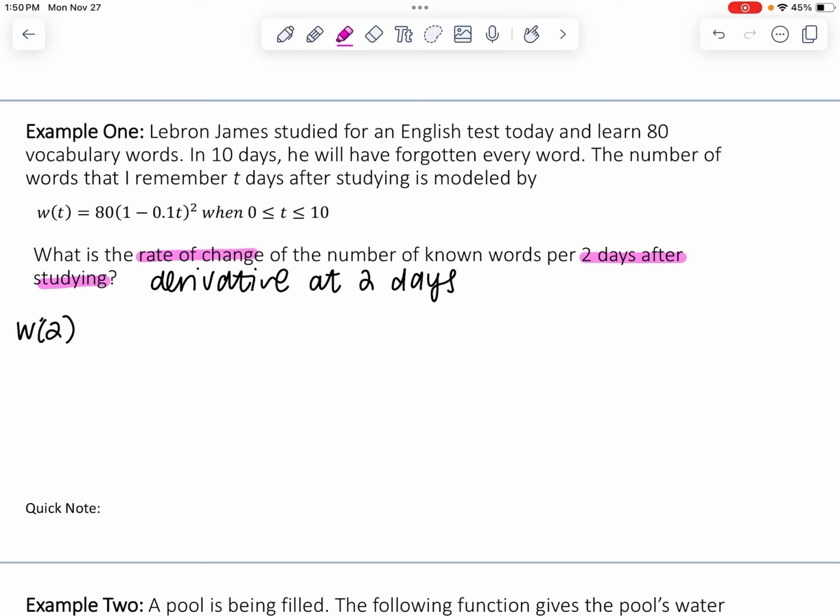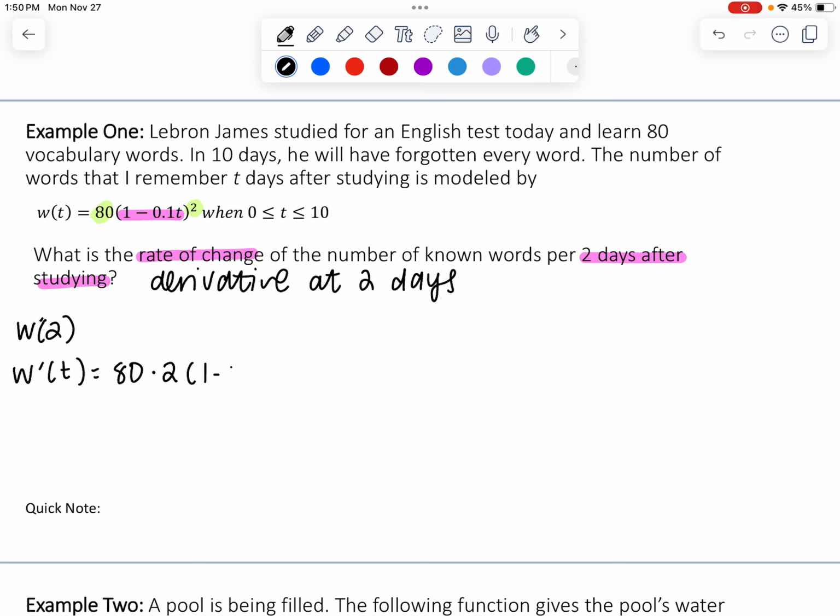If I look at that function, I'm going to notice that there is an inside function, and then there's an outside function. So I'll take the derivative of the outside: 80 stays out front, I'll times that by 2 times (1 minus 0.1t), and then 2 minus 1 is 1. And now I'm going to multiply that by the derivative of the inside. The derivative of 1 minus 0.1t is going to be negative 0.1.